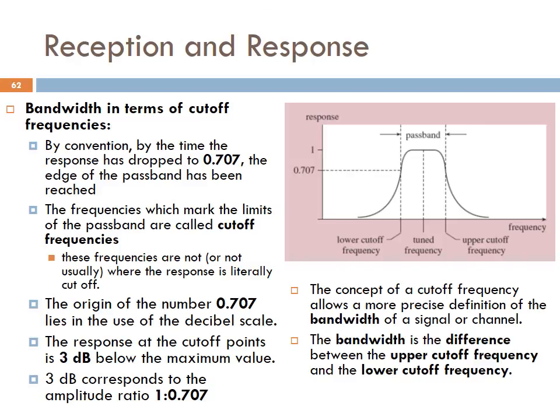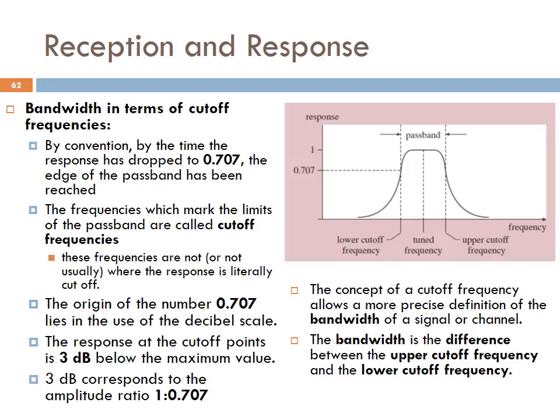We define the passband as follows. By convention, by the time the response has dropped to 0.707, the edge of the passband has been reached. The frequencies which mark the limits of the passband are called cutoff frequencies.